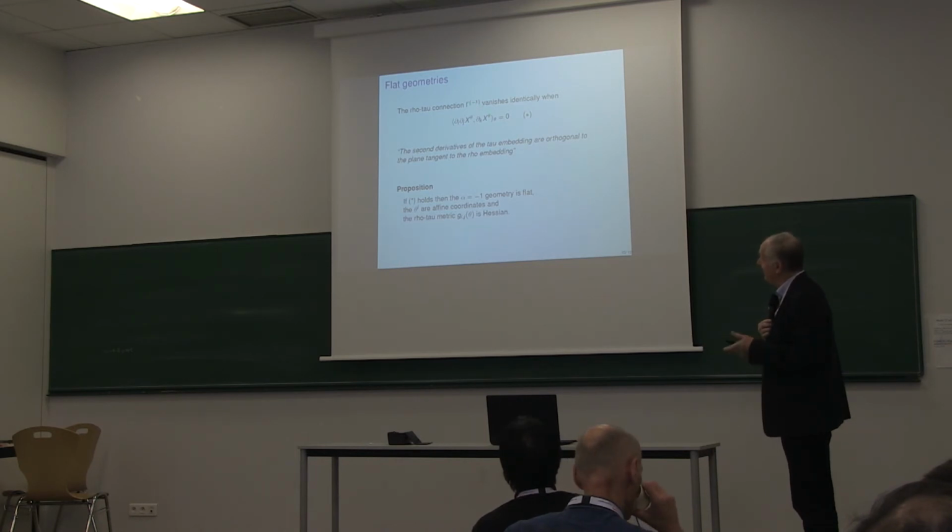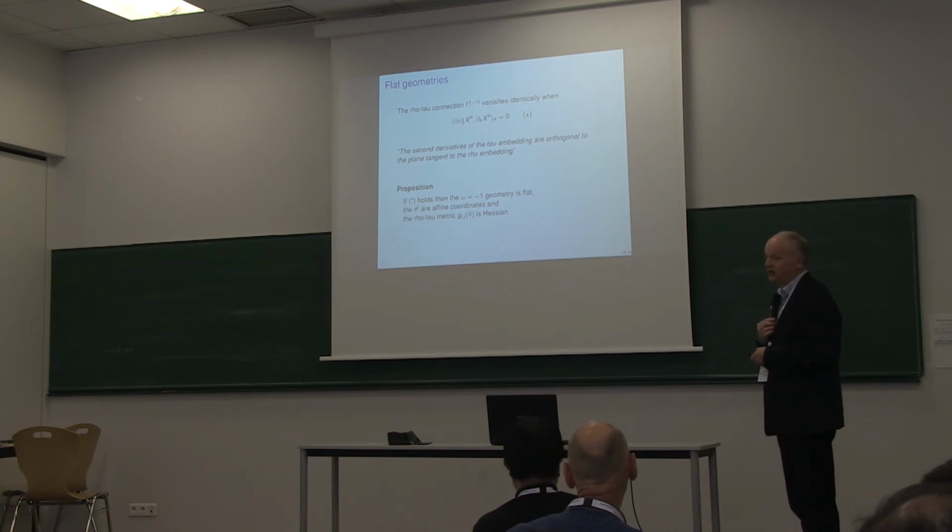And so that gives me the proposition, because it's known that if one of the dual connections is flat then the other one is also flat. So if gamma minus 1 vanishes, then the gamma plus 1 is a non-trivial flat geometry for the statistical manifolds. So alpha minus 1 is flat, but alpha equal plus 1 is then flat as well. So the theta I, the dual coordinates, are affine coordinates in that case. And what we can prove is that then the rho tau metric is Hessian.